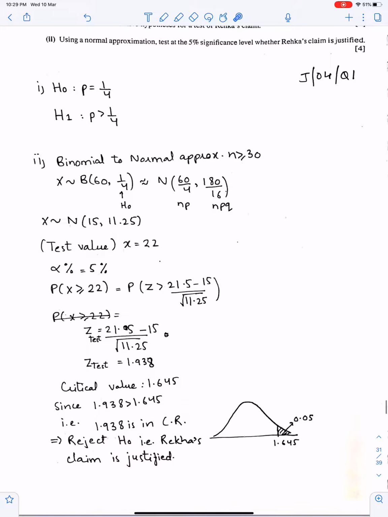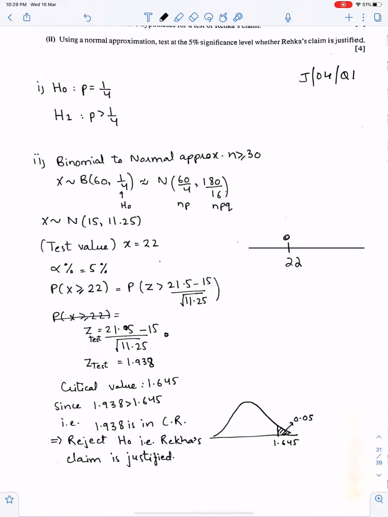See, for normal approximation, you use np and npq. This is binomial and this is normal approximation. And this is the test value. But here you have to use a number line. Make sure you use a number line for continuity correction. 22, and the test value is always inclusive.